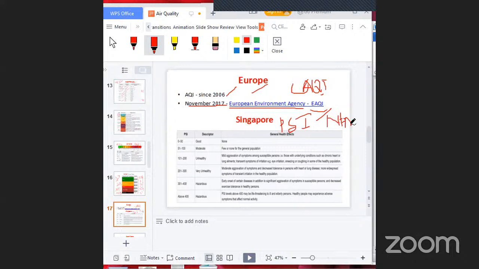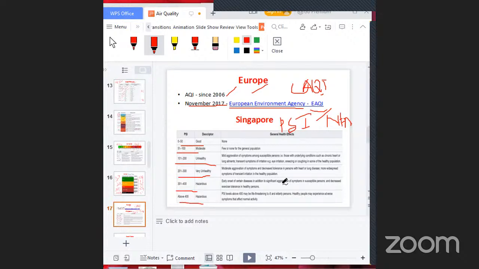So 0 to 50, good; 51 to 100, moderate; 101 to 200, unhealthy; 201 to 300, very unhealthy; 301 to 400, hazardous; and above 400, hazardous. So this is the Singapore Air Quality Index.